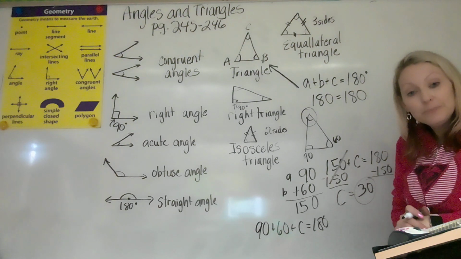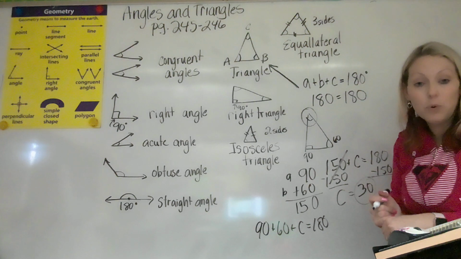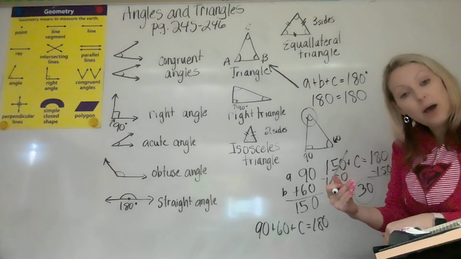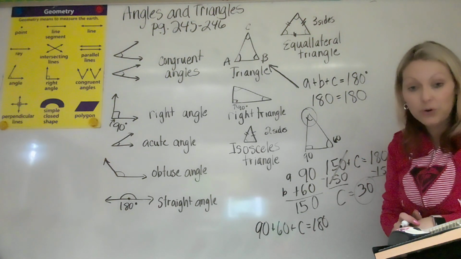Okay, so you just want to remember that when you add them all up, they got to equal 180. So if you have two angles, you add those two up, you subtract from 180, and that will find your third angle.